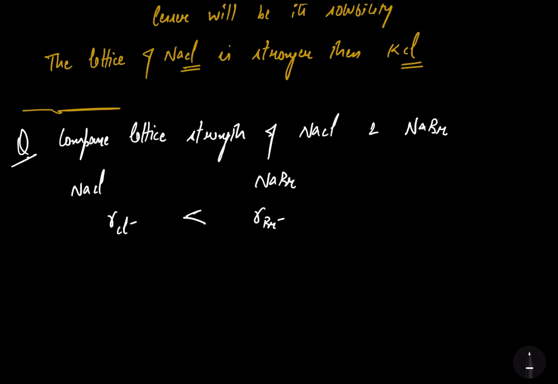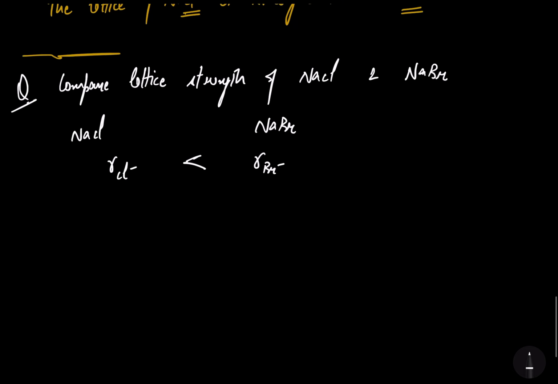So the radius of bromide ion will be greater than that of the chloride ion. So due to which what will happen? First of all, let's talk about the charge density. Due to which the charge density of chloride ion will be greater than that of the bromide ion.